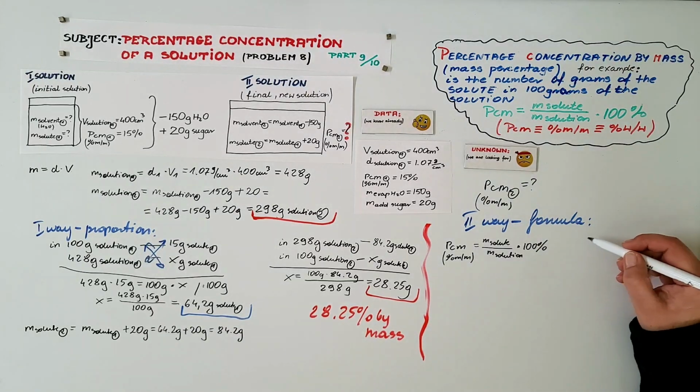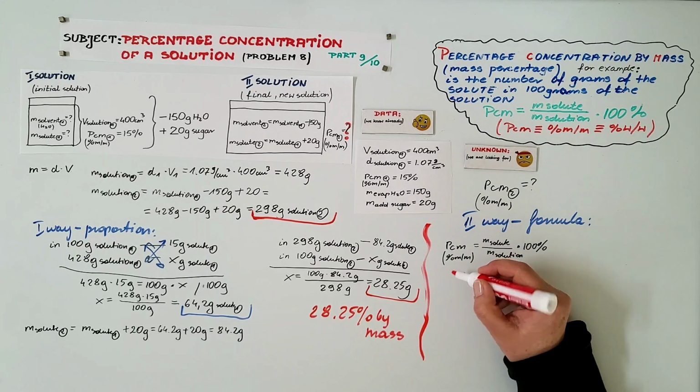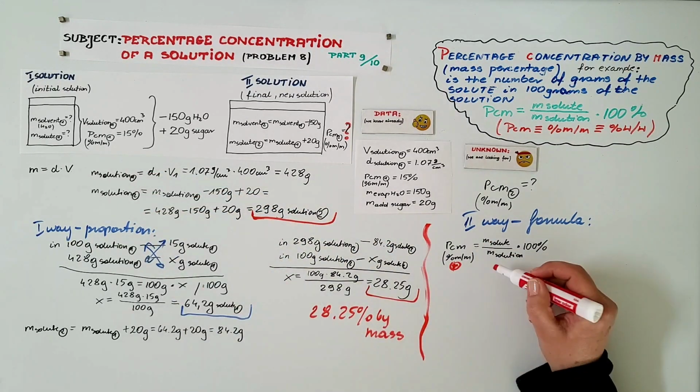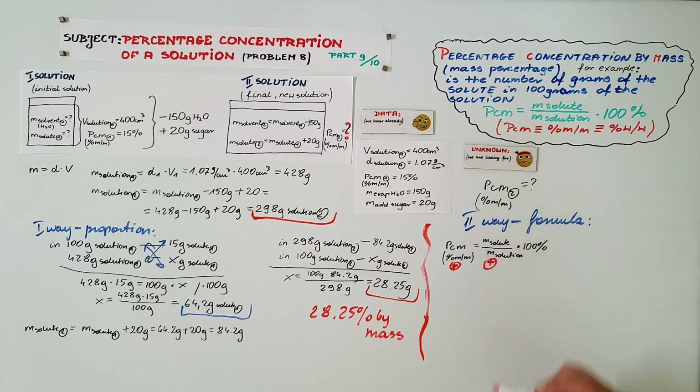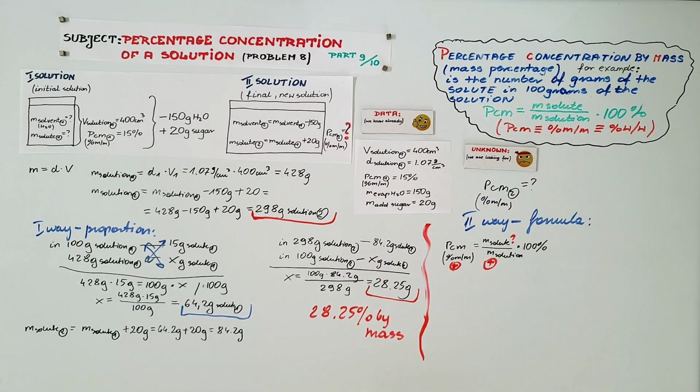So we know percentage concentration by mass of first solution. We know also mass of solution. We need to calculate mass of solute 1.